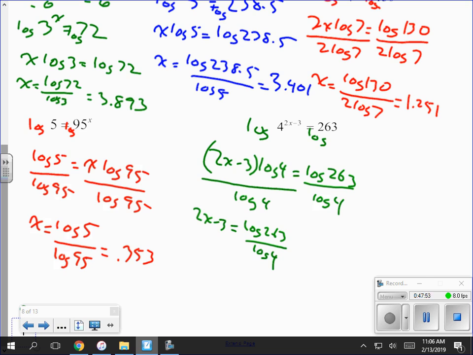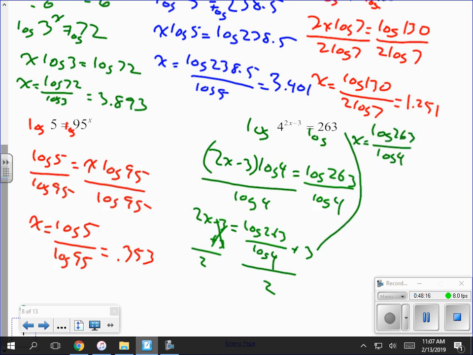So my first step will be to add 3 to both sides. And then what I would do after that is divide both sides by 2. So I end up with, kind of running out of room here, x equals the log of 263 over the log of 4 plus 3, all divided by 2. Sorry, that should be plus 3. And then, yes, stick that in your calculator and work it out.